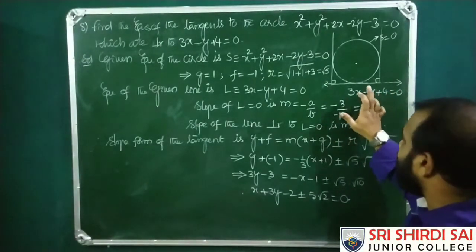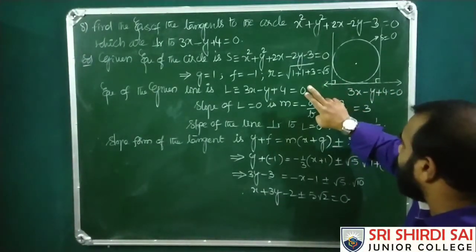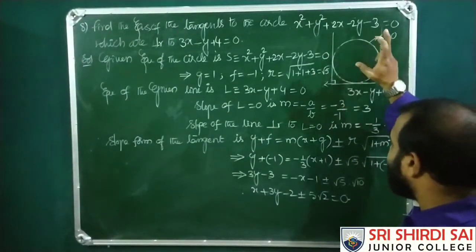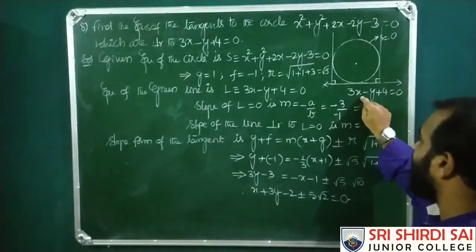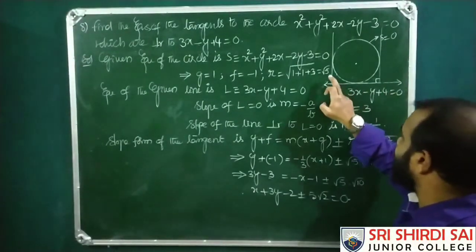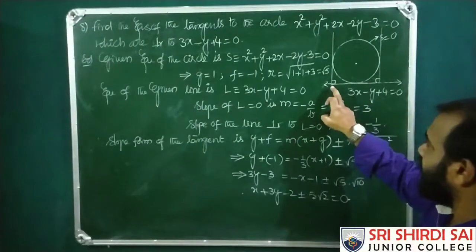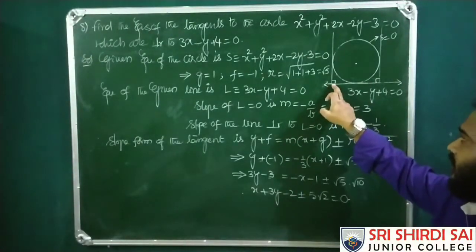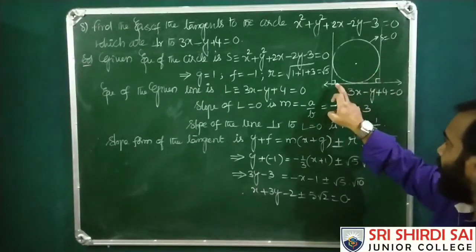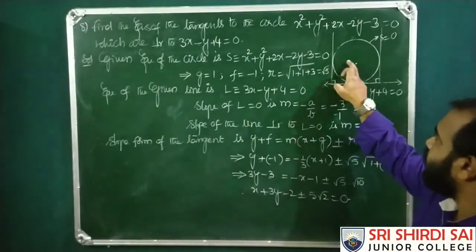So we want two tangents to the circle that are perpendicular to this line 3x − y + 4 = 0. I have shown in the diagram as well the perpendicular symbol. So these two lines are perpendicular to this line and tangent to this circle.